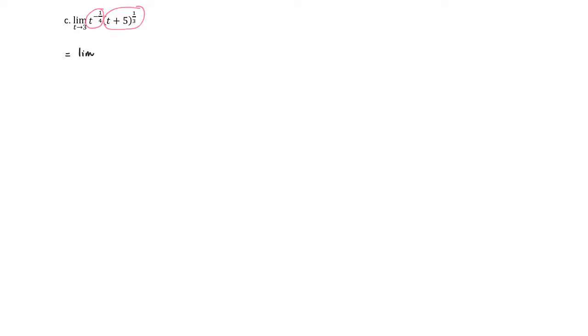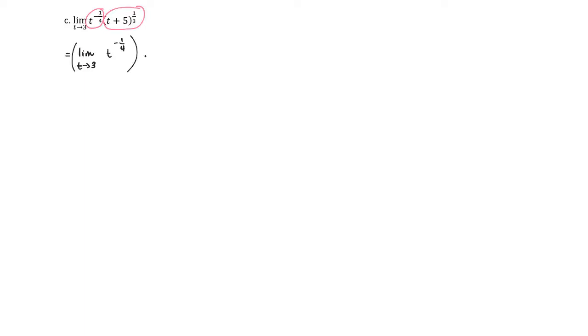This will be the limit as t approaches 3 of t to the negative 1/4. And I want you to notice how the exponent is a rational exponent. So we do know how to deal with that limit. Negative 1/4 is like when we were saying P over Q in the properties.